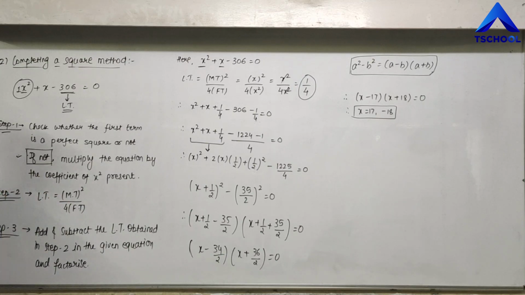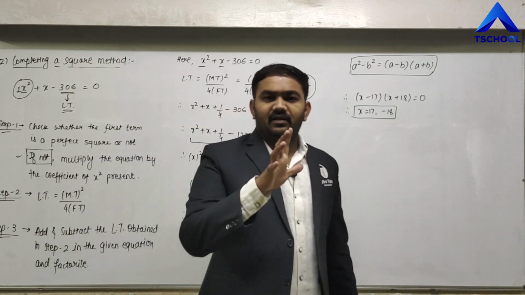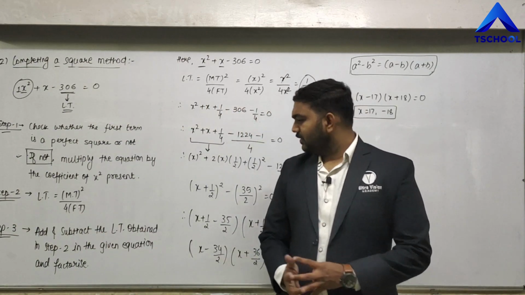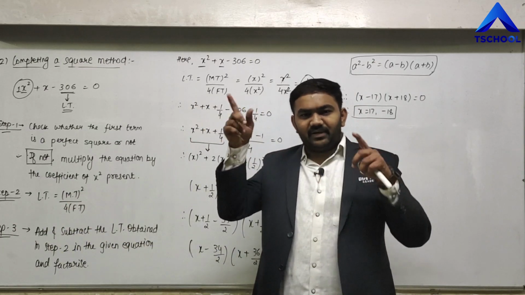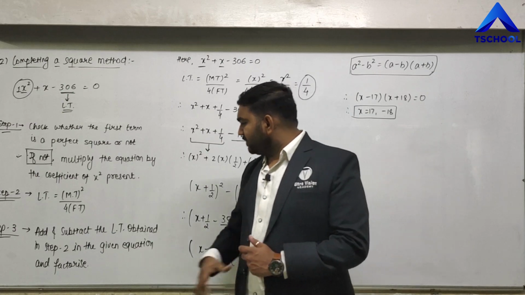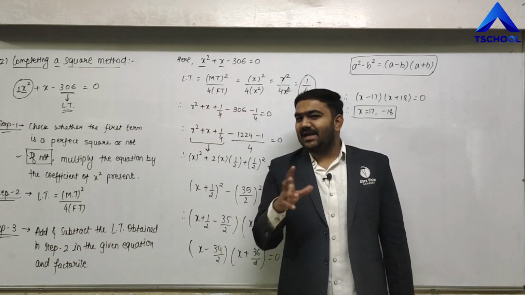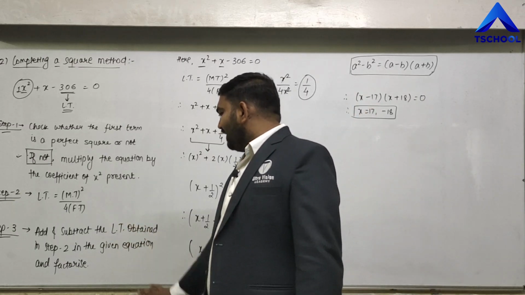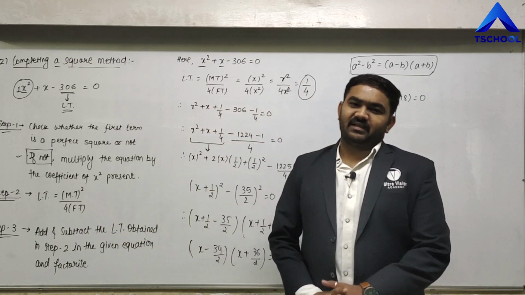Step 2, find out the last term by using the formula: last term equals middle term square upon 4 into first term, right? Last term equals square of the middle term upon 4 into first term. And then the third step, add and subtract simultaneously, that means at the same time, the last term obtained in step 2 in the given equation, and then factorize, right?